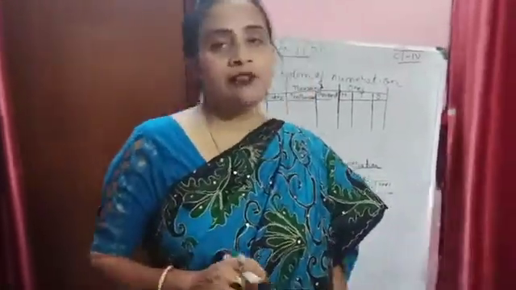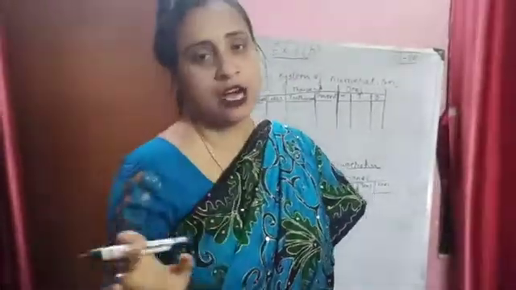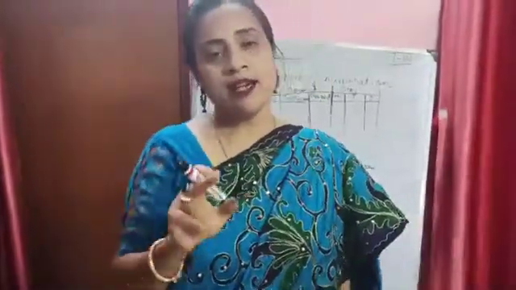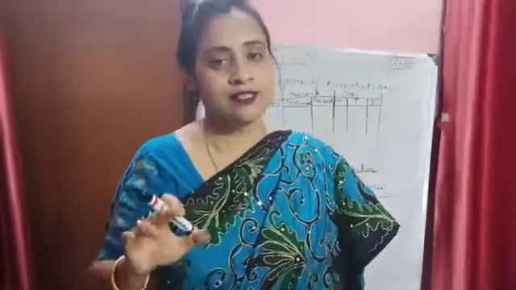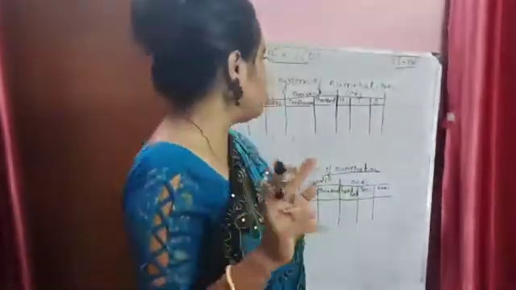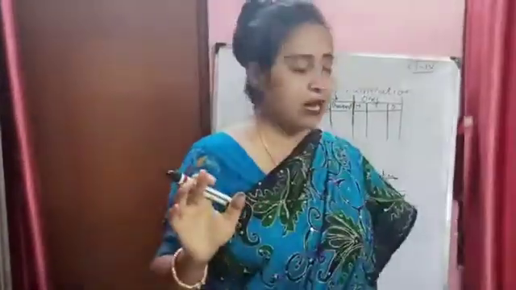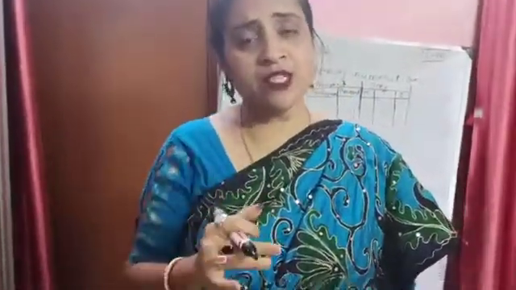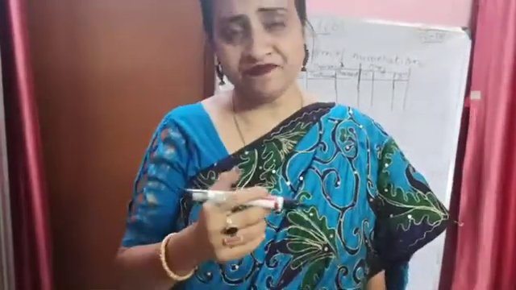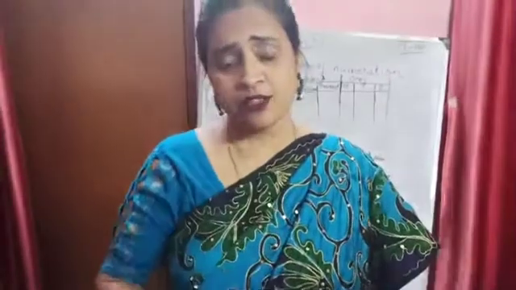Okay, then there are two types of numerals you find over here, the numeration, how to write the numbers. One is the Indian system of numeration and the other is the international system of numeration. So the basic difference is that millions, which you don't find over here in the Indian system, you find in the international system.